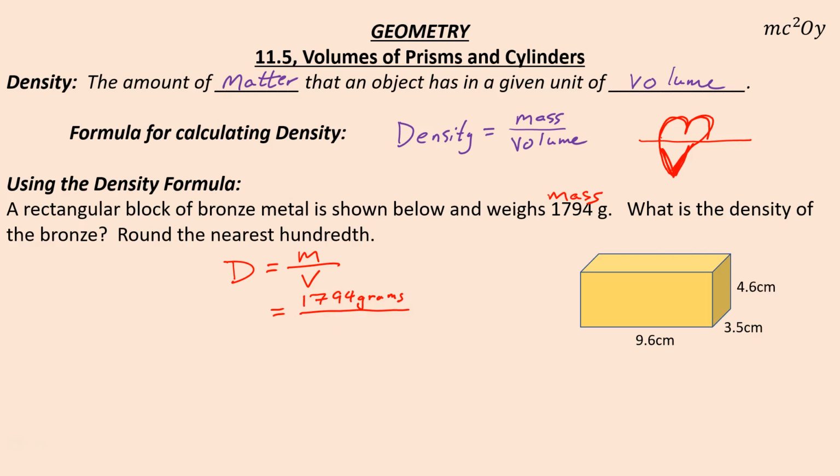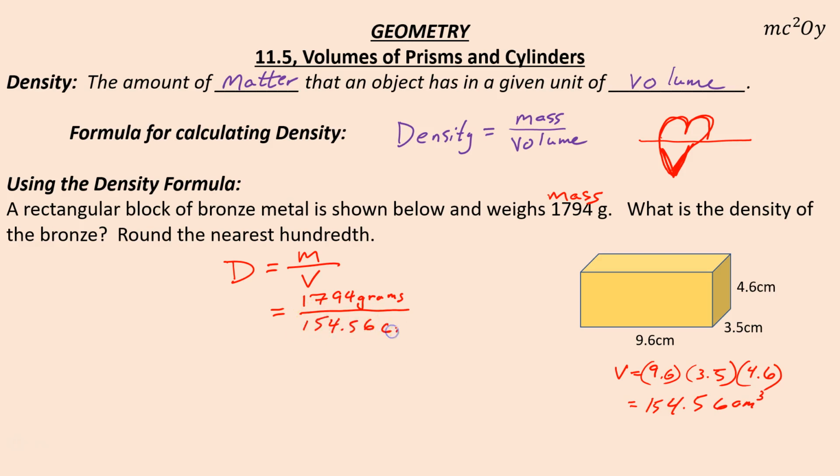I have to calculate the volume. Volume is equal to 9.6 times 3.5, so the area of the base, times the height of 4.6. Our volume in this one is 154.56, and that's cubic centimeters.